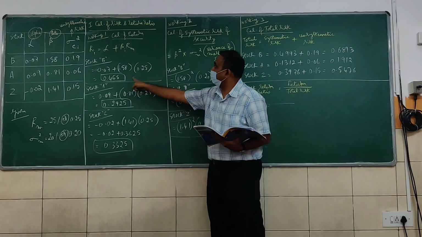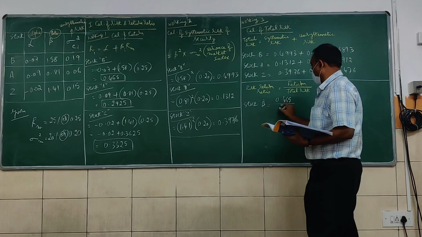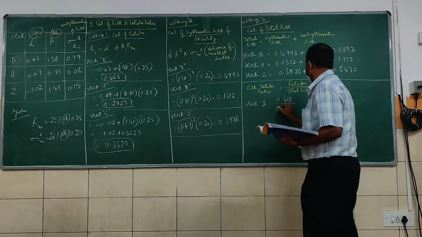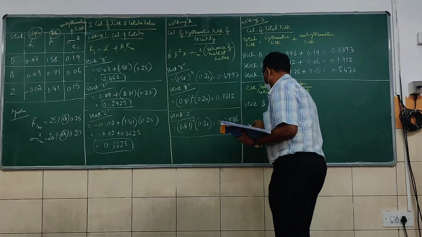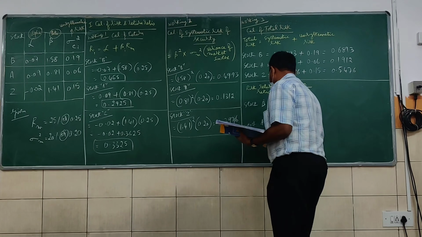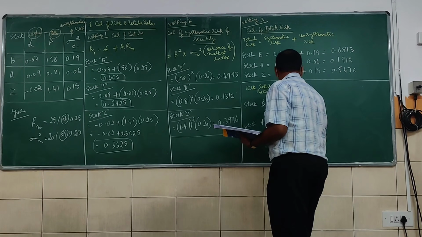Return for stock B, 0.465 divided by 0.6893. As I told you, first substitute, then go for calculation.